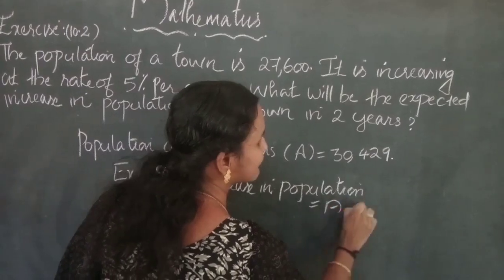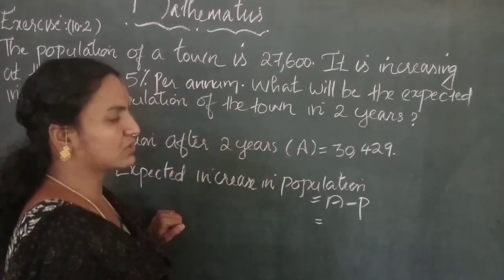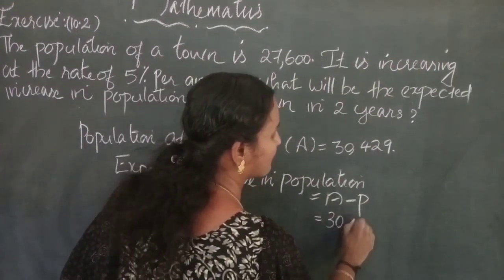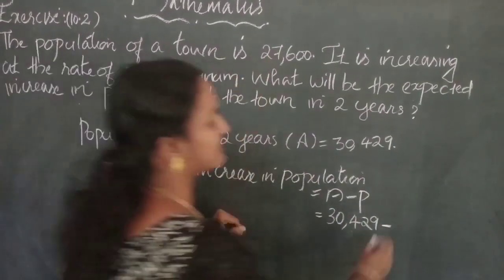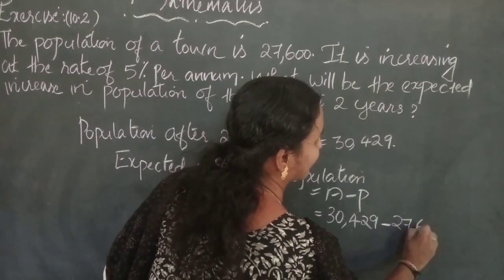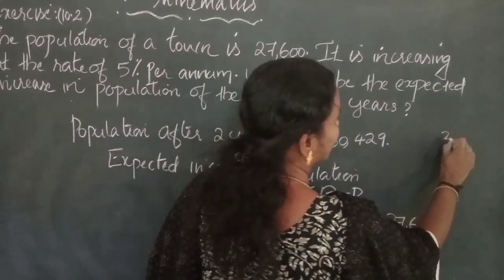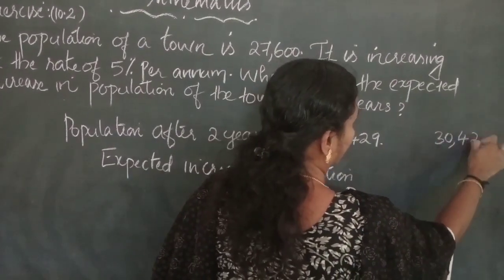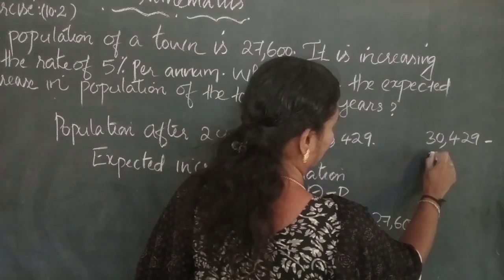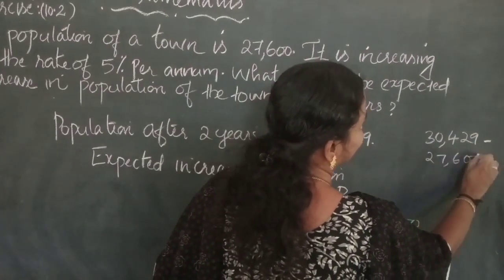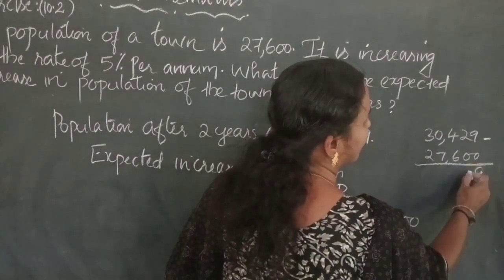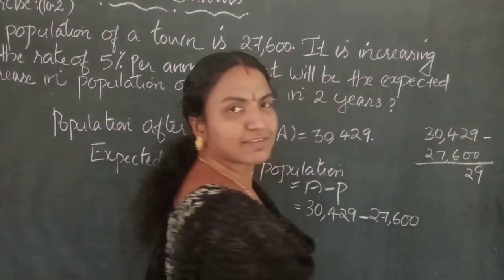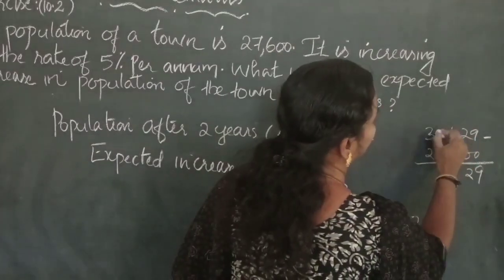Expected increase in population is equal to A minus P, which is 30,429 minus 27,600. Subtracting: 9 minus 0, 9. 2 minus 0, 2. 4 minus 6 is not possible, so we take 1 here.